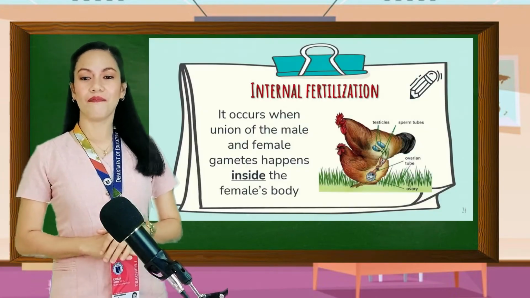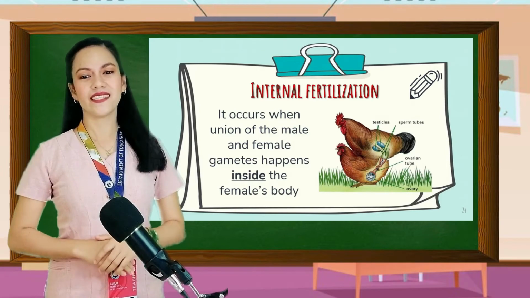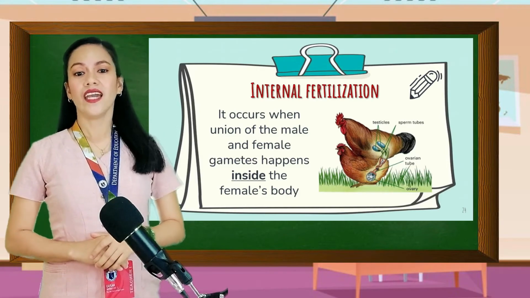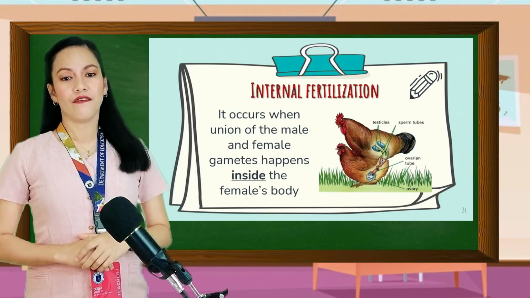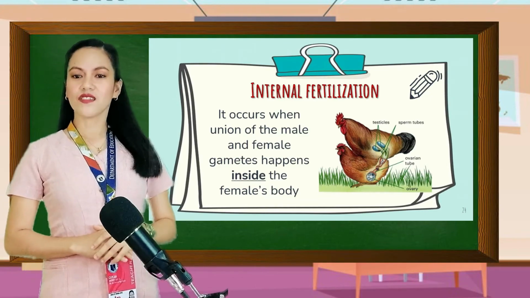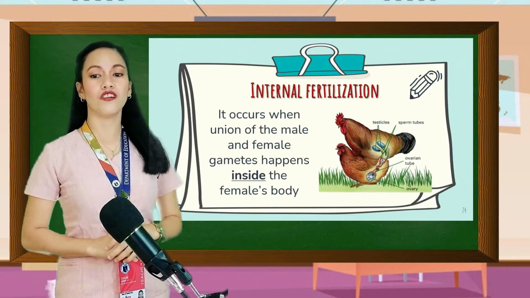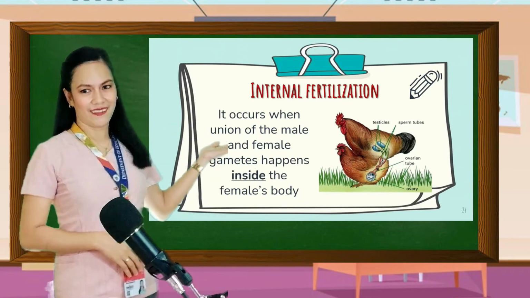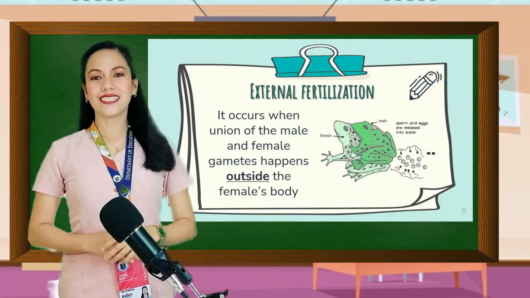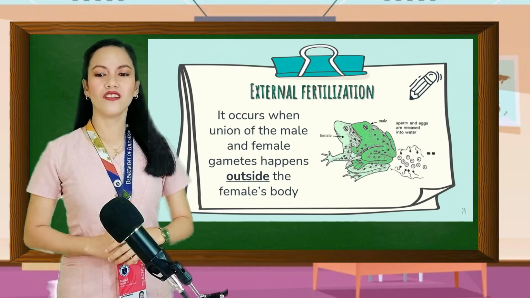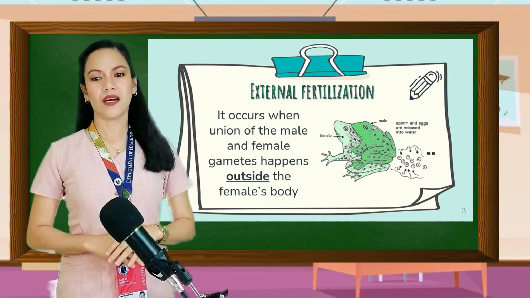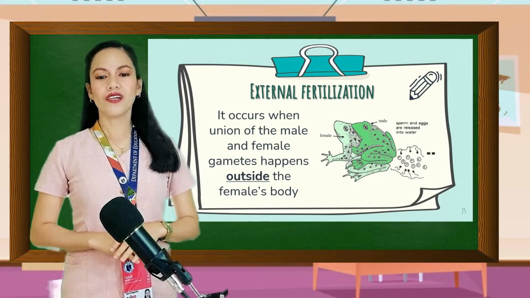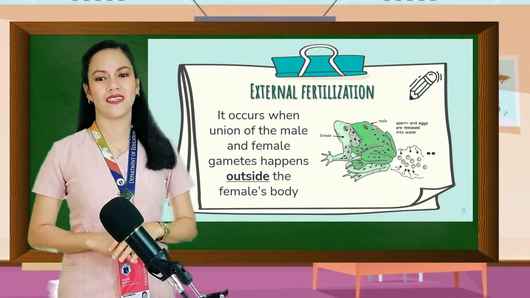When the union of the male and female gametes happens inside the female's body, it is called internal fertilization. This occurs among mammals including humans, reptiles, and birds, just like this chicken. While external fertilization happens when the union of the male and female gametes or sex cells occurs outside the female body.